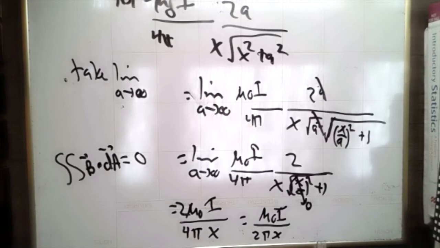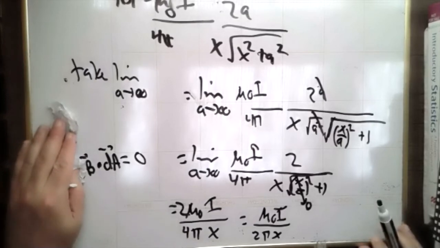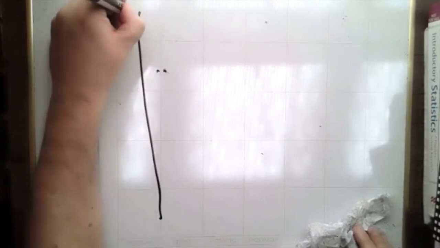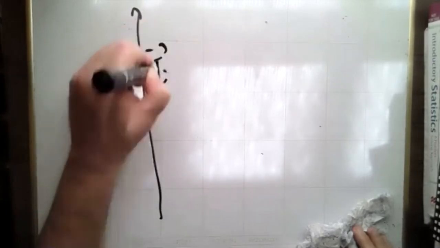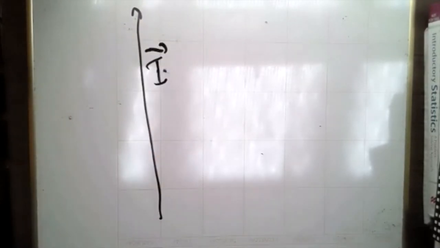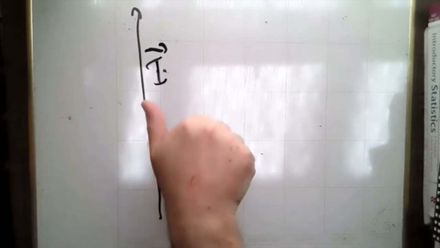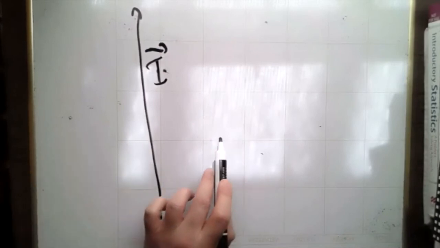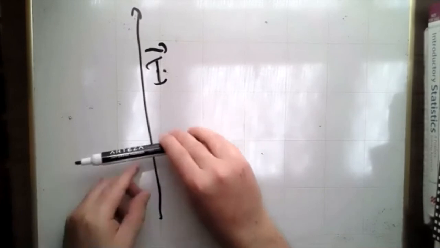So what does this say? This says the magnetic field of an infinite line of charge drops off like 1 over distance. So if I have an infinite line of current, I said charge, I meant current, then the magnetic field goes in circles around it, like this. Behind the board, it's going that way.